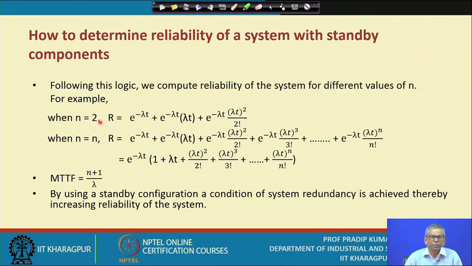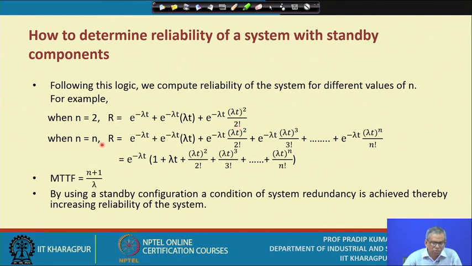Out of these 3, 1 is basic and 2 are standby components. So when n equals 2, the expression for R is e to the power minus lambda t plus e to the power minus lambda t into lambda t plus e to the power minus lambda t into lambda t square divided by factorial 2.